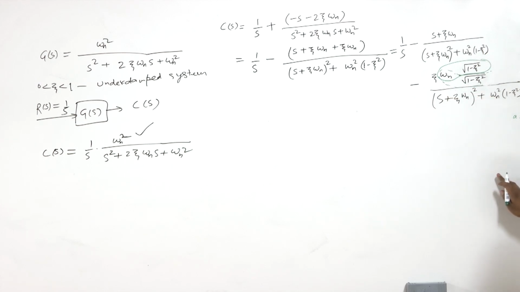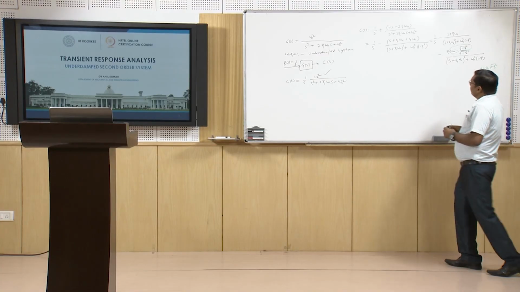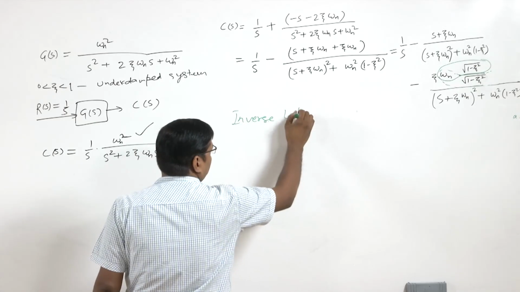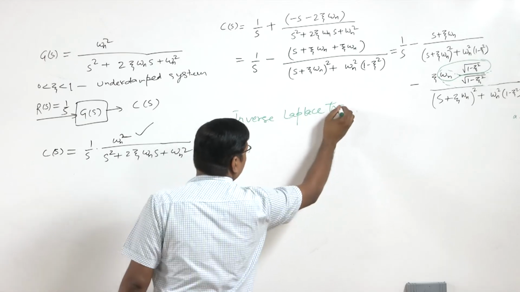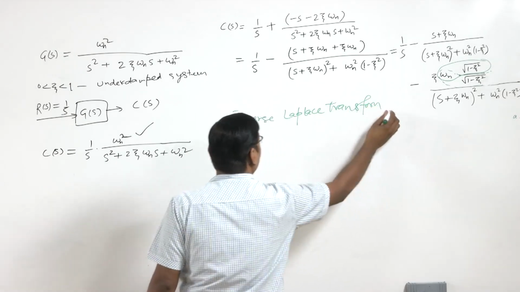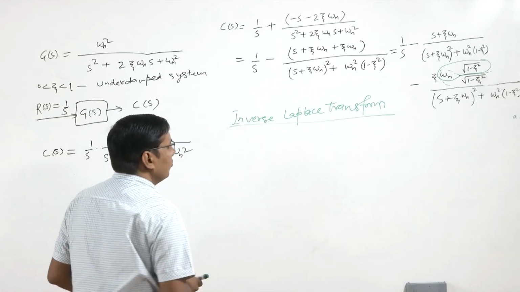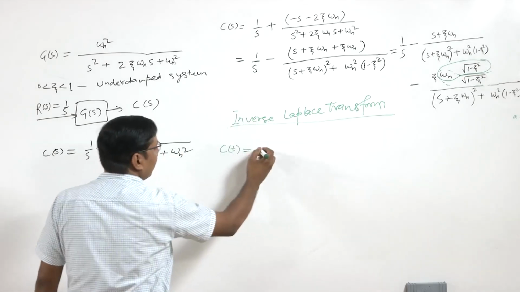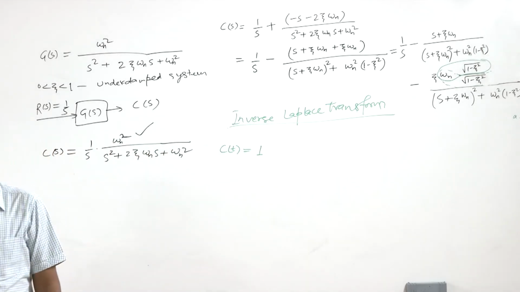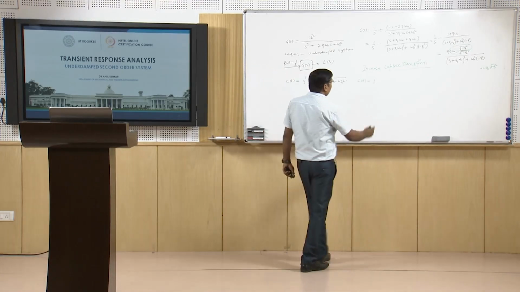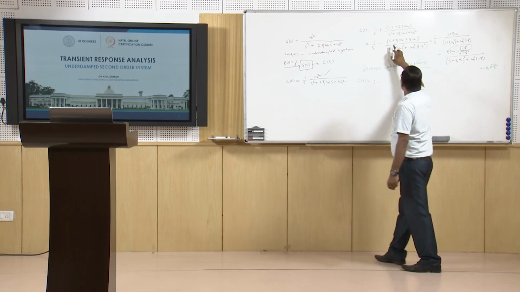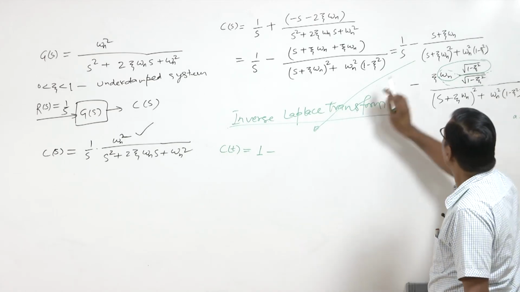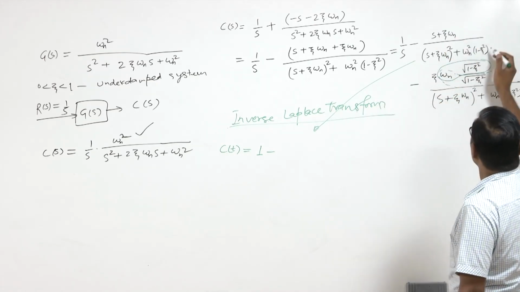This formula we know, so if we take the inverse Laplace transform, we can write C(t) equal to 1, because 1 by s is the unity function, minus this term, which is s upon s square plus a square.